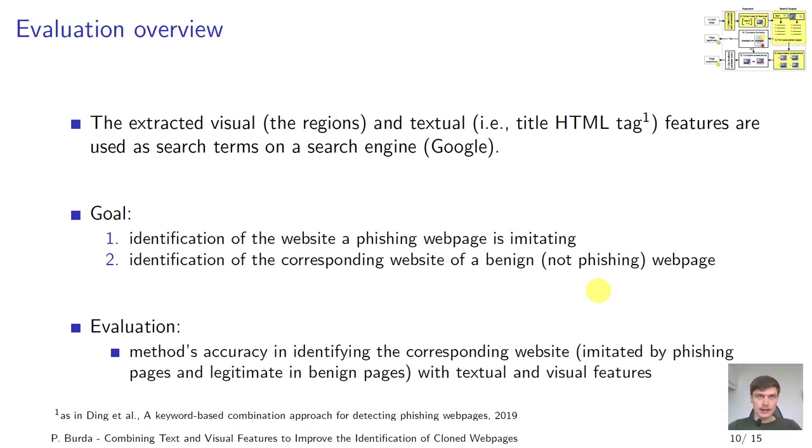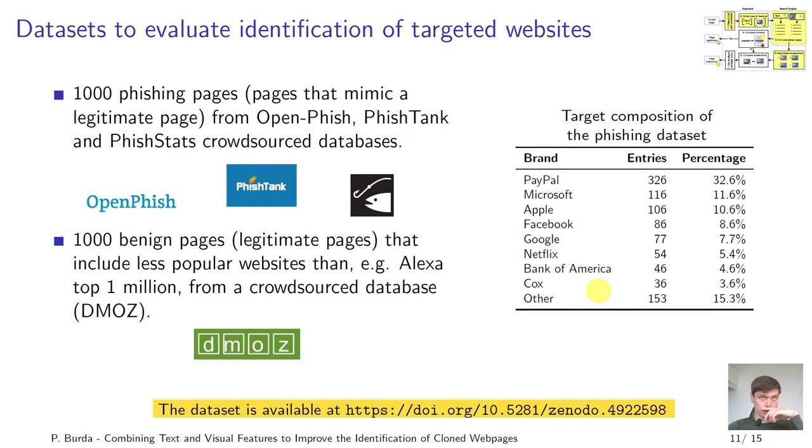page. Here we evaluate the accuracy of this method in identifying the corresponding web page with two types of features. To do that, we build two datasets, one benign, let's say legitimate, and one of phishing pages, from notable sources like OpenPhish, PhishTank, and PhishStats.